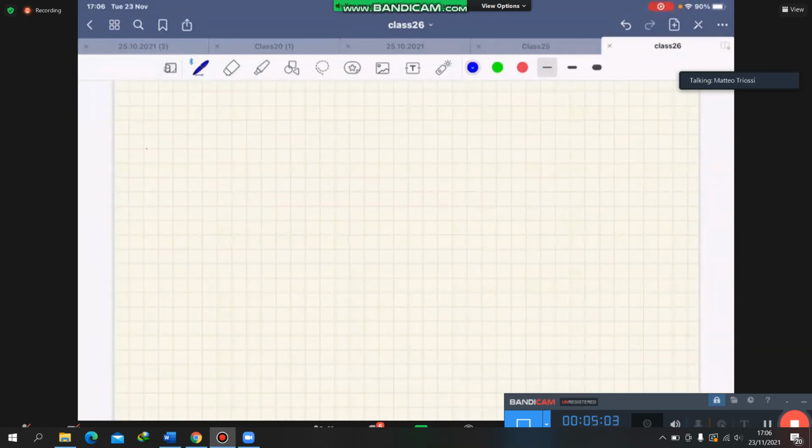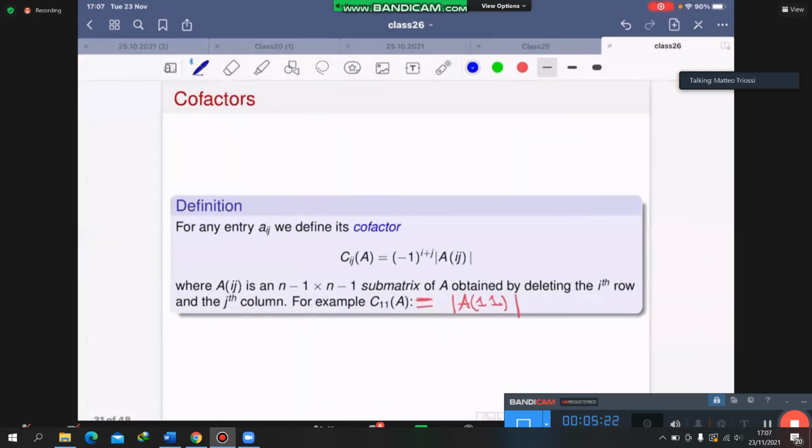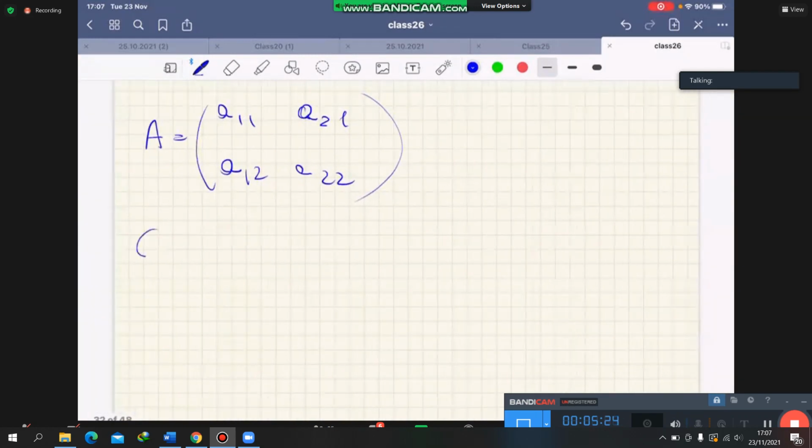So we start with A equal to A11, A12, A21, A22. So the matrix of the cofactors Cij, so C of A.